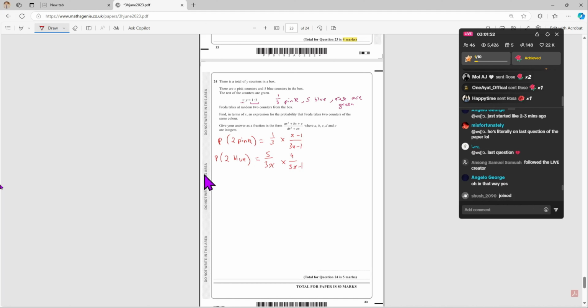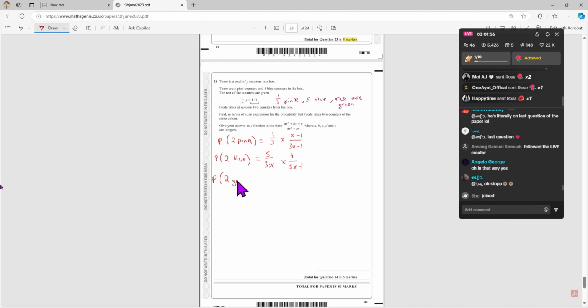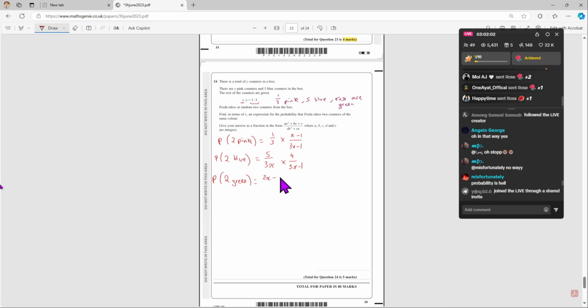Then the probability of getting 2 green counters is 2x minus 5 over the total counters, times 2x minus 6 over 3x minus 1.